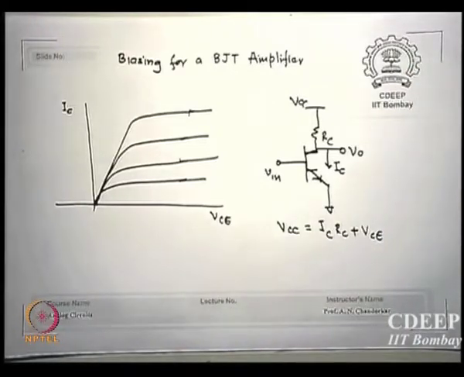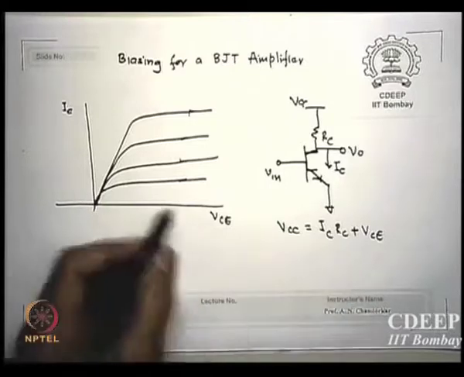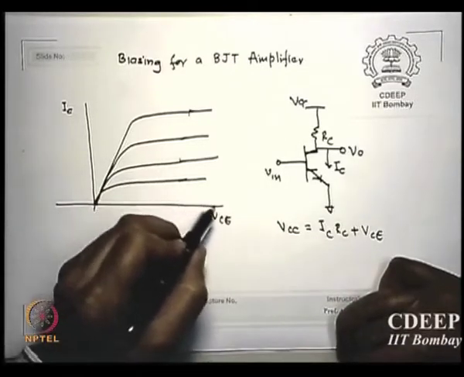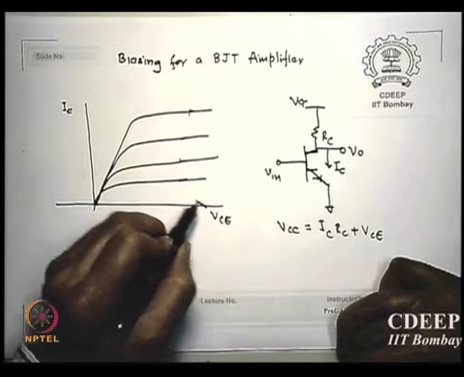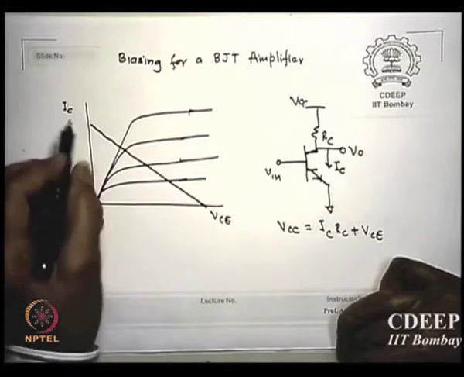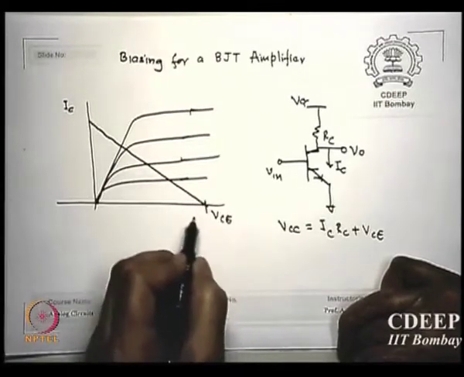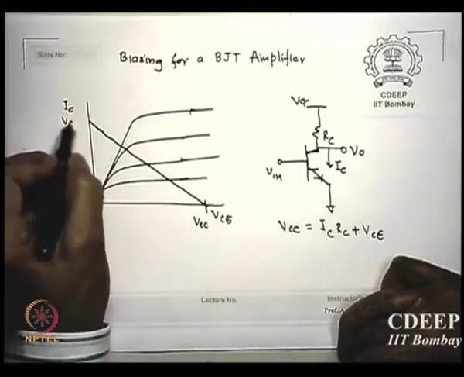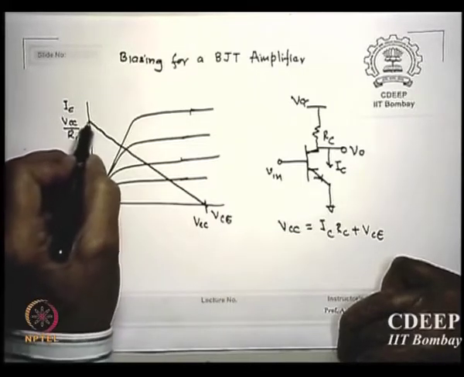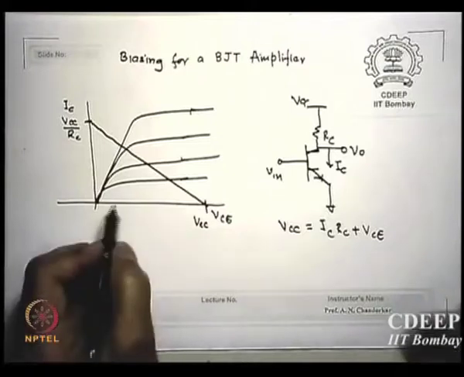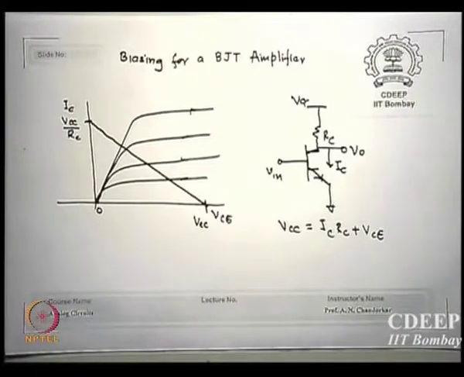If I draw this straight line on the same characteristics, it may be somewhere like this. This value is of course VCC and this is VCC by RC. This is called the load line.